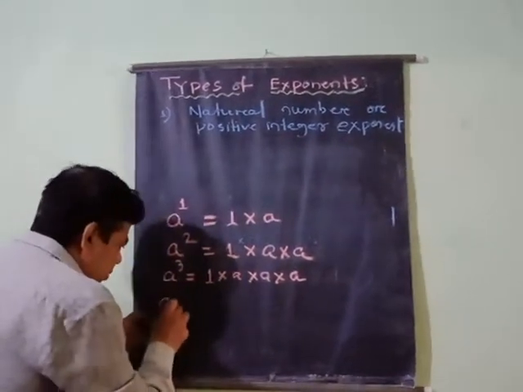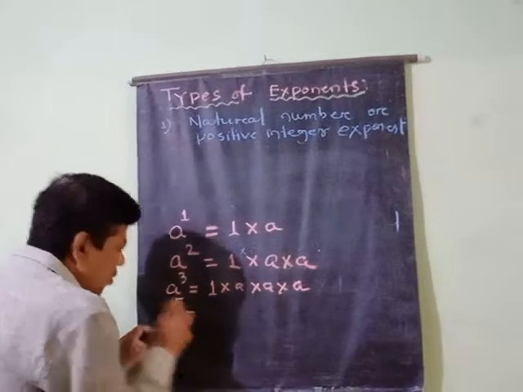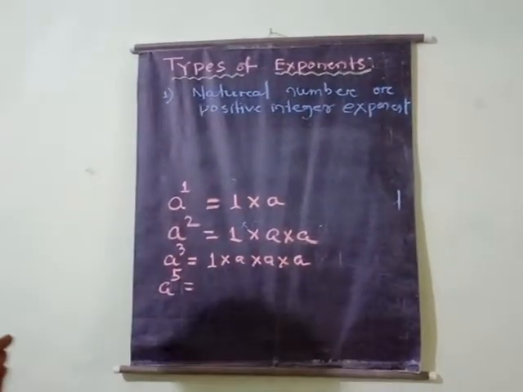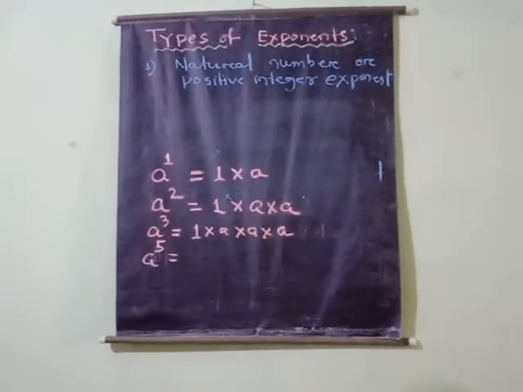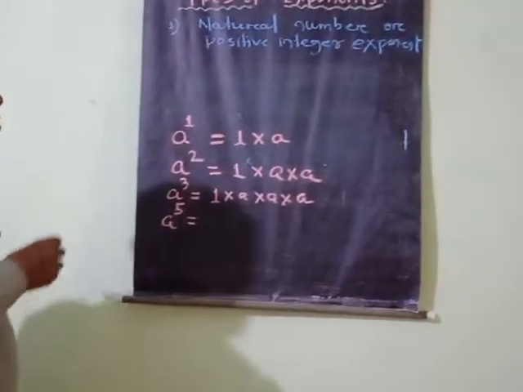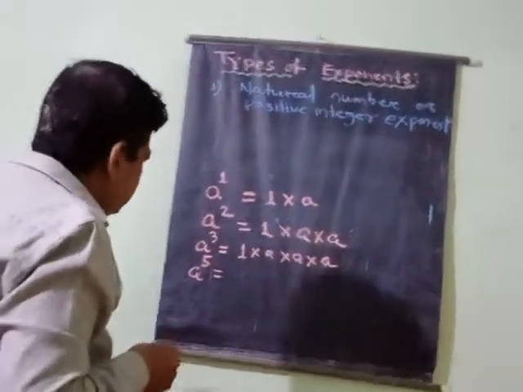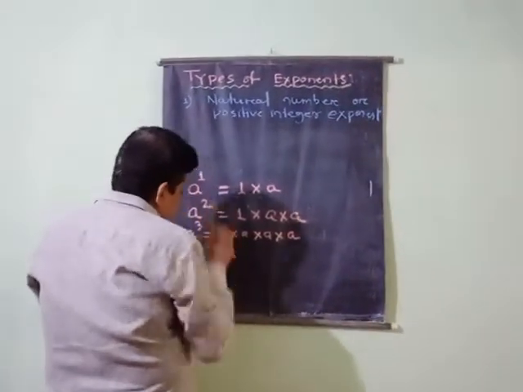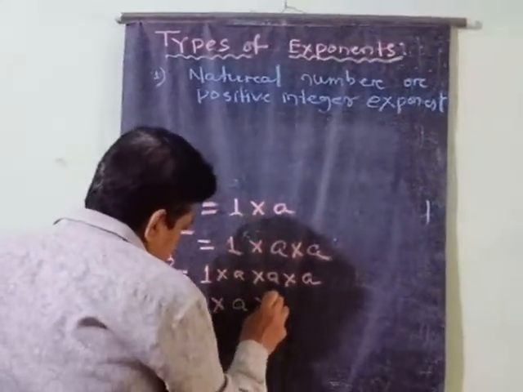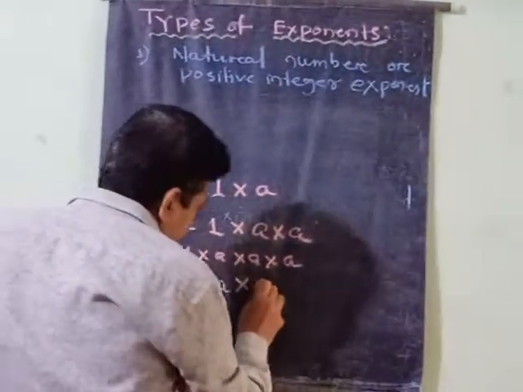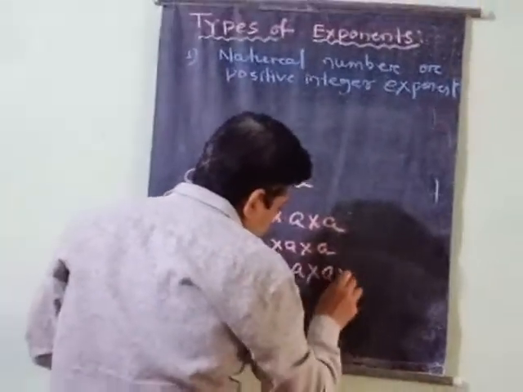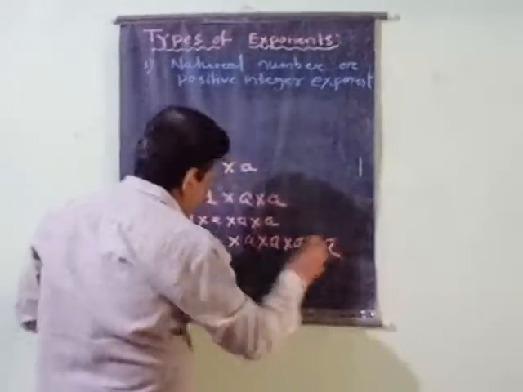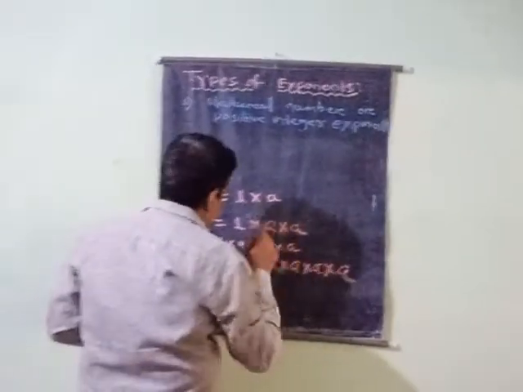Similarly, if I write a to the power 5, it is called a positive exponent or positive integer exponent when the base a is multiplied 5 times. 1, 2, 3, 4, 5.